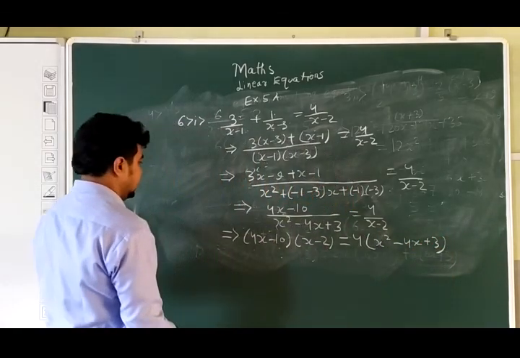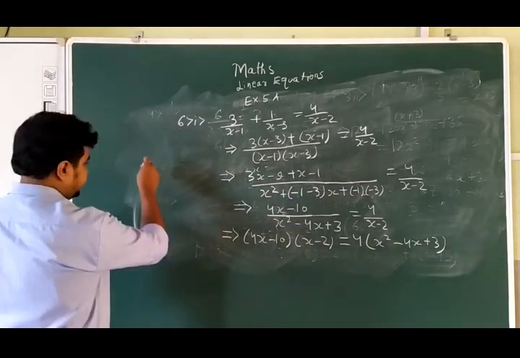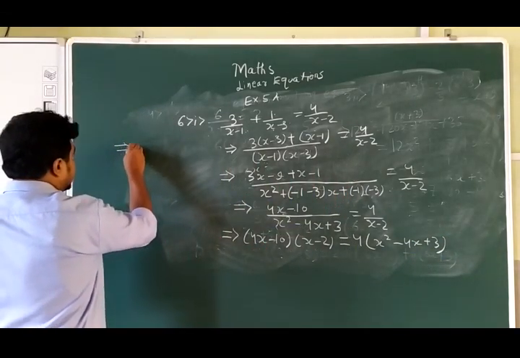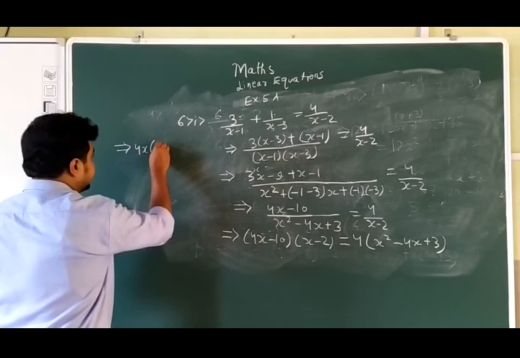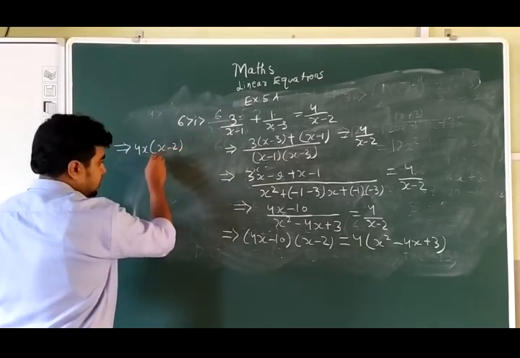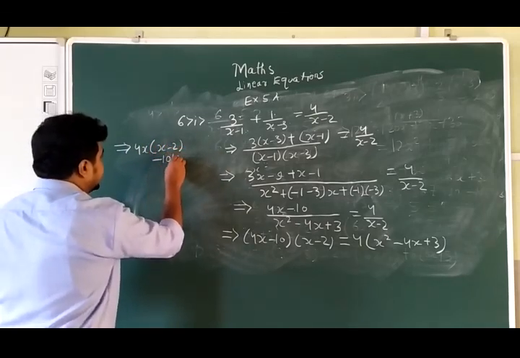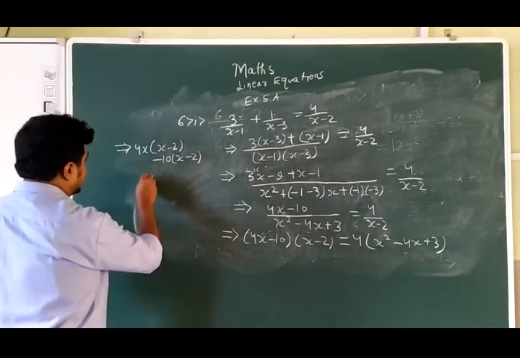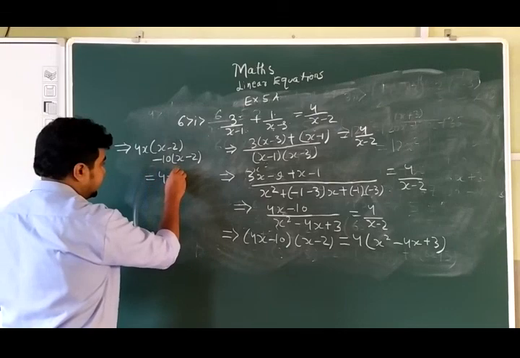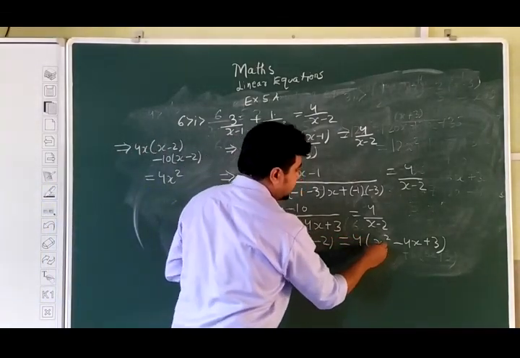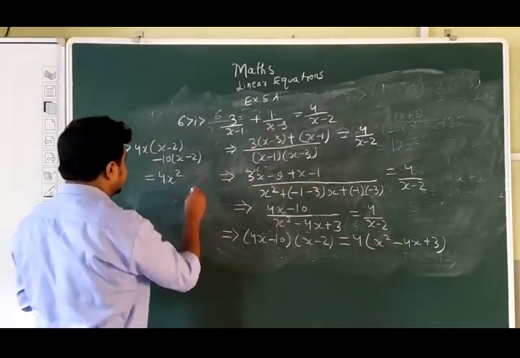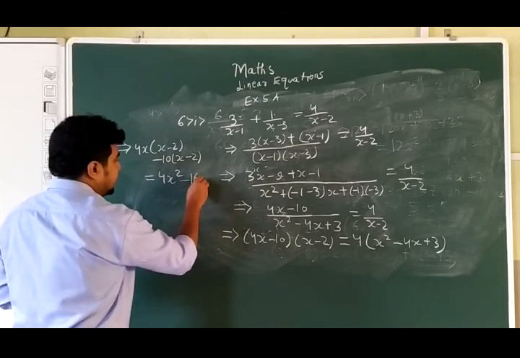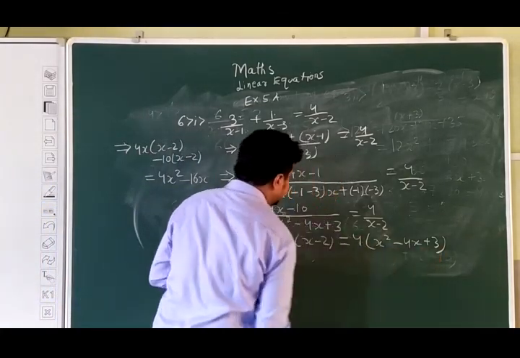Now from here we will get 4x into x minus 2 minus 10 into x minus 2 will be equal to, multiplying here, 4 into x square is 4x square, 4 into minus 4x is minus 16x, and 4 into 3 is 12.